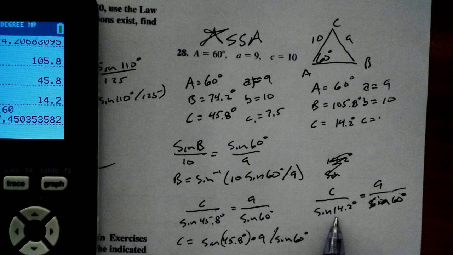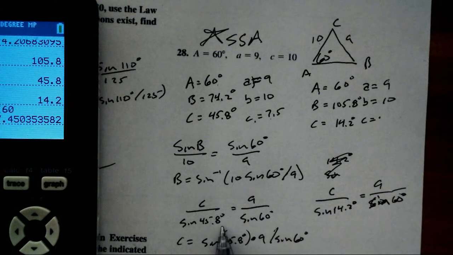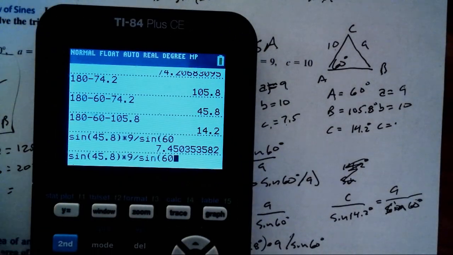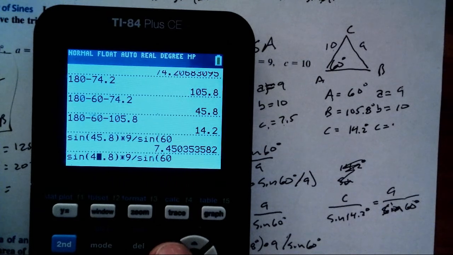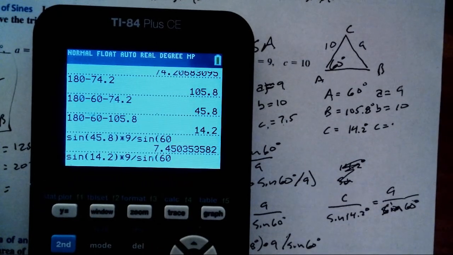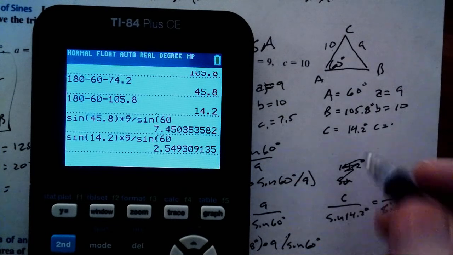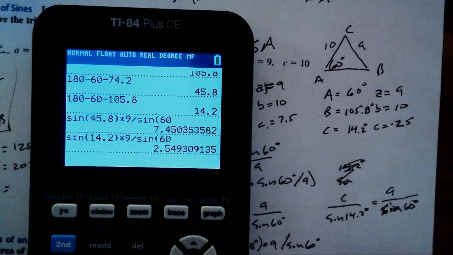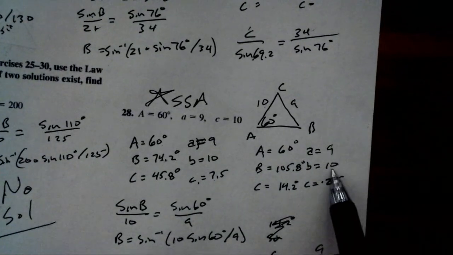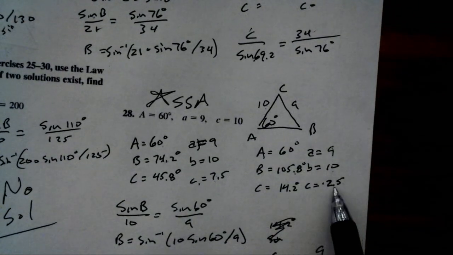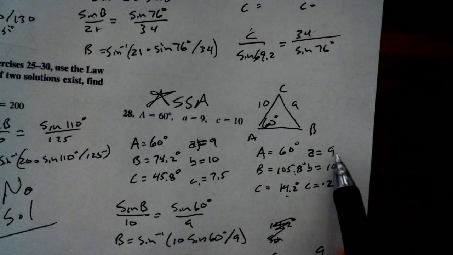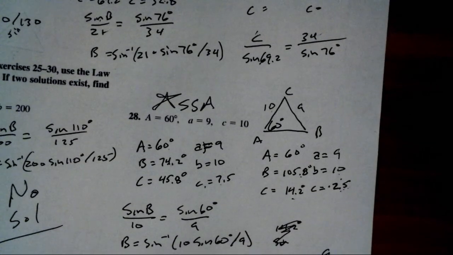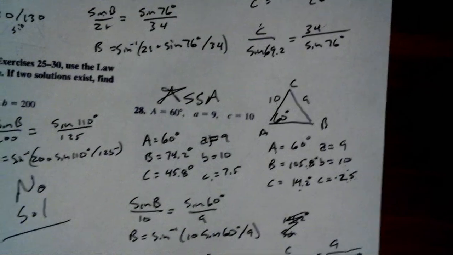What gets changed in our equation is just that sine of 45.8 becomes sine of 14.2 when I solve for C. So second enter, sine of 14.2, and we get 2.5, barely, 2.5. And we take a look, biggest side, biggest angle, smallest side, smallest angle. 2.5 plus 9 is more than 10, and we have two solutions. So we need to be careful with that.